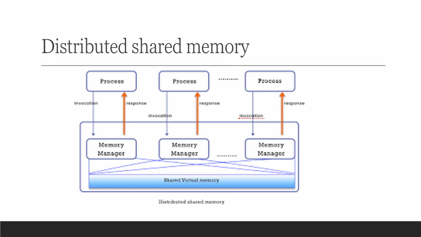Then a part of each computer's memory is earmarked for shared space and the remainder is private memory. Definitely, we can hold one portion of the memory as private and share one portion with other fellow processes. That is also possible. To provide the programmer with the illusion of a single shared address space, a memory mapping management layer is required to manage the shared virtual memory space, as depicted in the diagram very clearly.